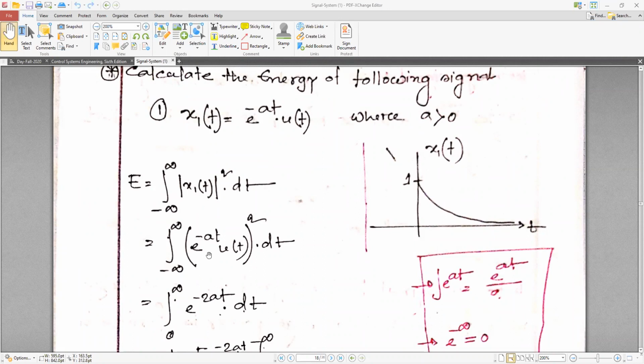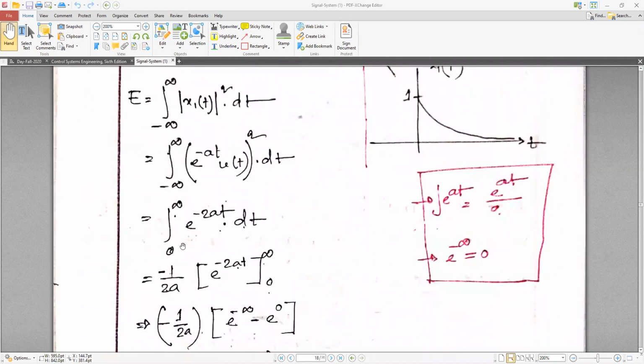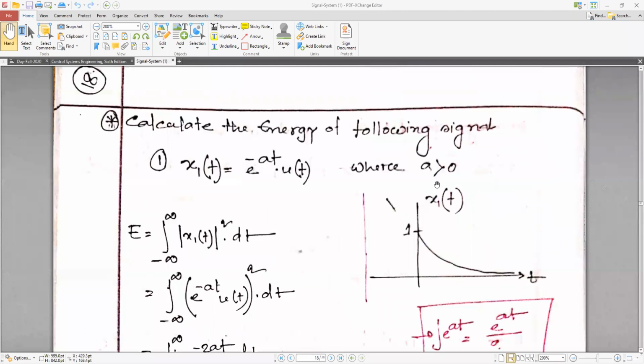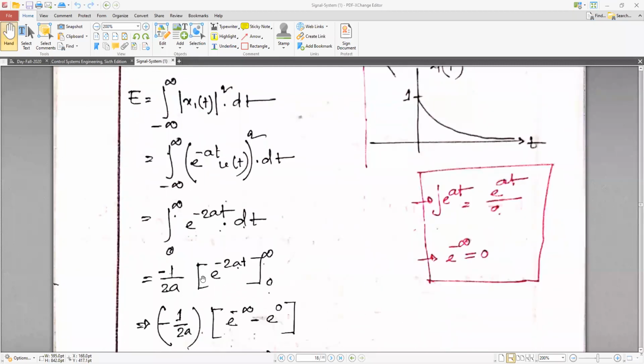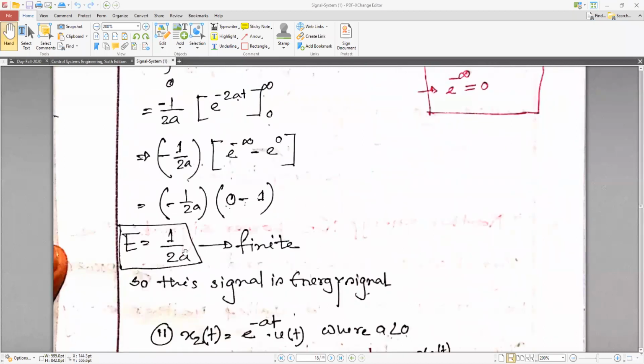Since we know that a is greater than 0, the limits would be 0 to infinity. Do the calculation and you'll understand it better.